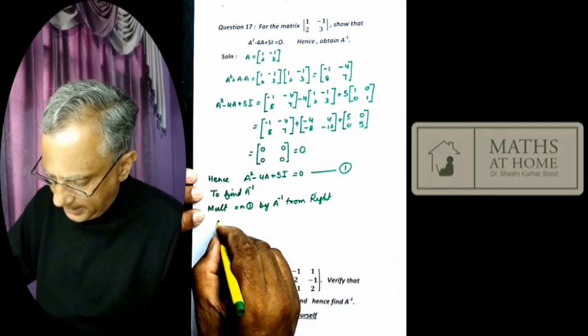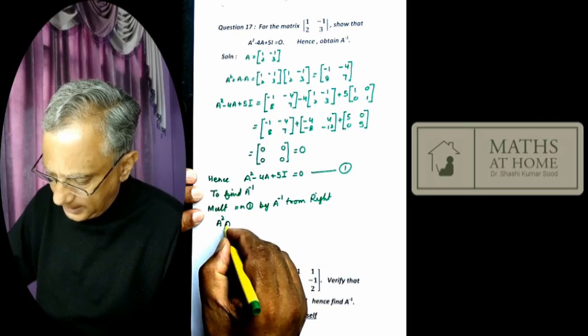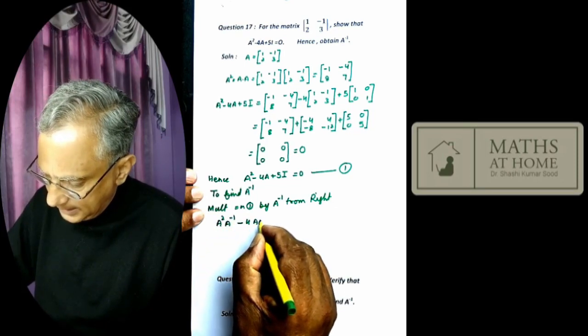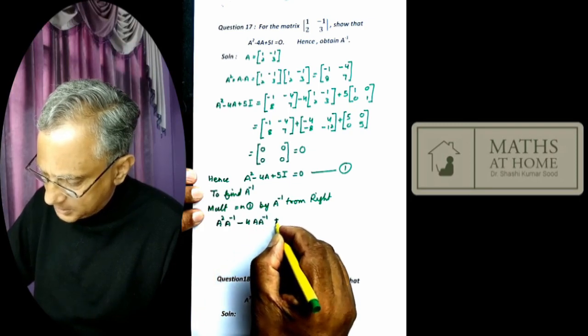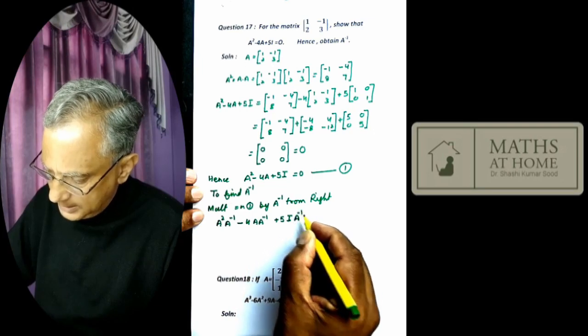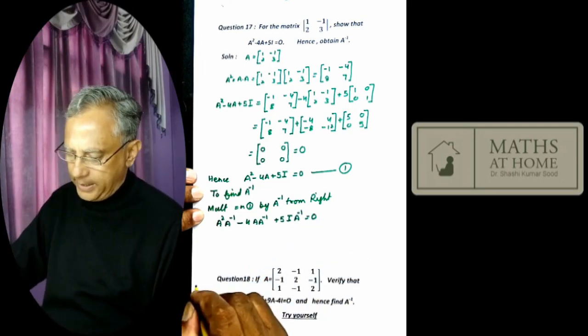So this will be A square into A inverse minus 4A inverse plus 5I into A inverse is equal to 0 matrix.